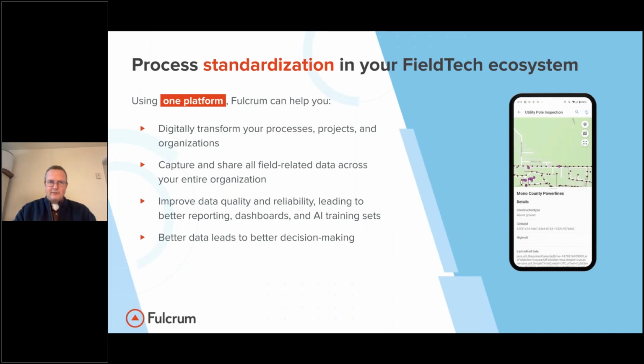By using this single platform, you can transform your processes, your individual projects, and even your organizations to use consistent, rigorous processes that are also flexible enough to adapt to changing circumstances, changing clients, and changing situations. And we're able to capture and share all the field-related data across your entire organization, which gives you better dashboards, better reporting, better AI training sets, better data quality, better reliability, and ultimately, better decision-making.